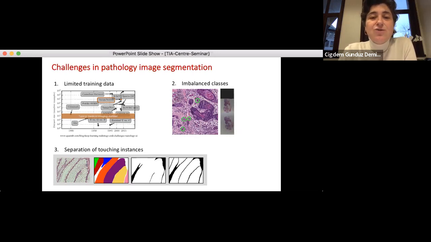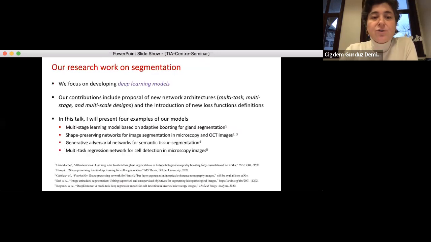So such issues should be addressed to develop accurate segmentation models. And in my research group, we focus on developing such deep learning models. And our models are based on designing new network architectures as well as defining new loss functions.